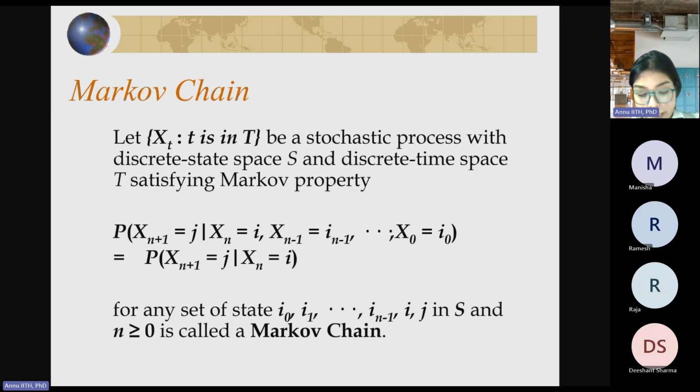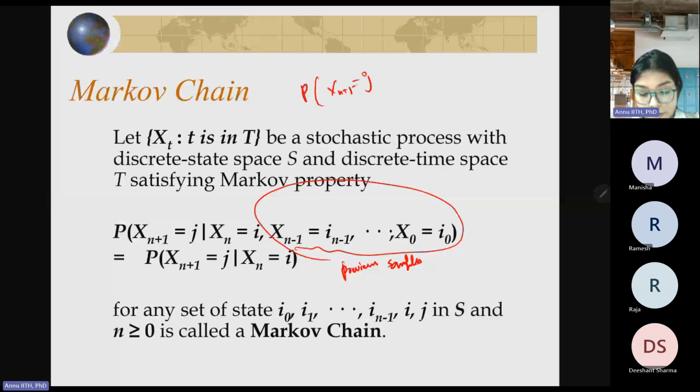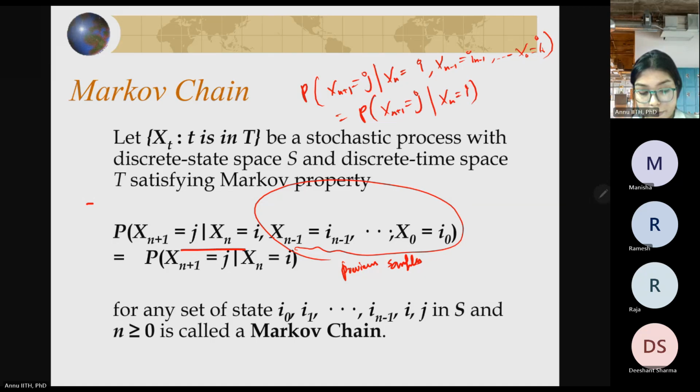So we are not considering the previous samples; these are the given states, but the probability depends only on X_n equals i.